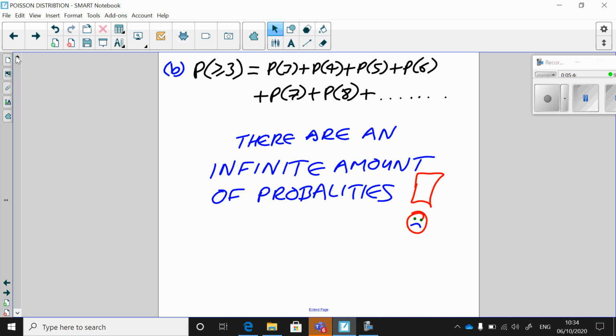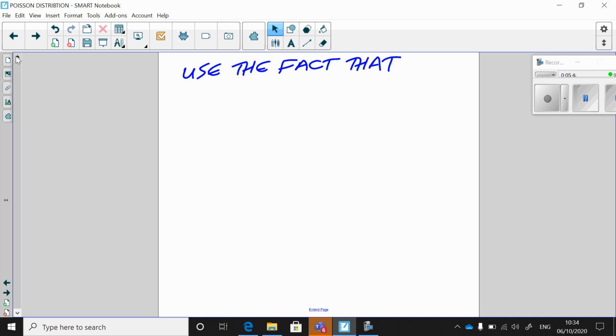Let's go on. So what we're saying, use the fact that the probability of 0 plus the probability of 1, 2, 3, 4, plus dot, dot, dot.